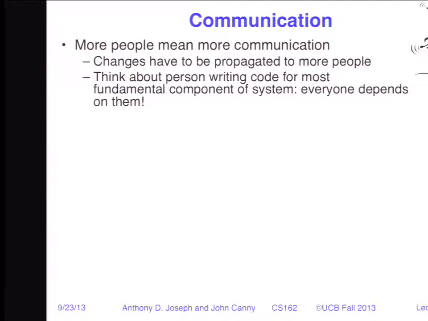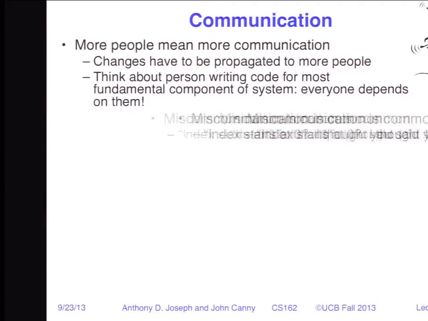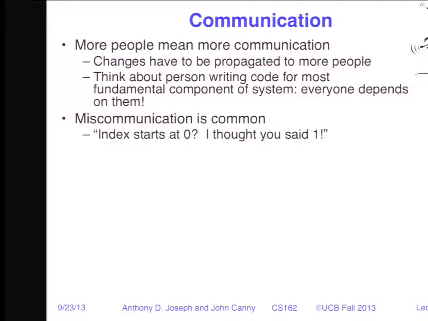What happens if you don't? Well, you get miscommunication. So one person thinks the index for the data structure starts at 0, and another person thinks it starts at 1, and then your rocket crashes. Right? That happens. So you want to make sure you're communicating.